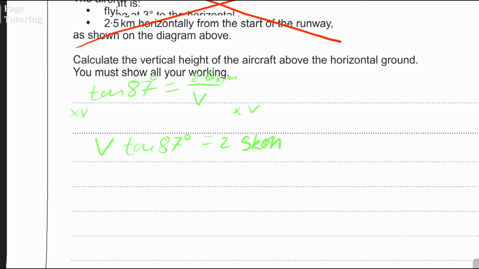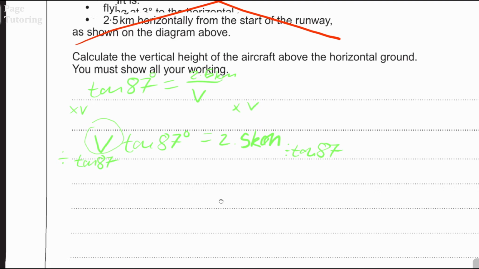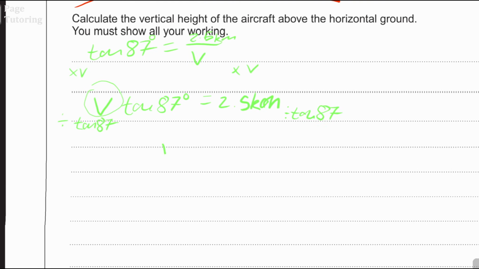And then we're going to divide by tan 87 because we want V on its own. So we've timesed by V first because we don't want V on the bottom. And now we're going to divide by tan 87 to get V on its own. So now we'll have V equals 2.5 kilometers divided by tan 87 degrees.